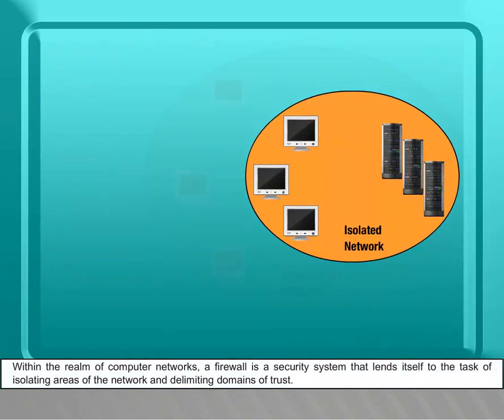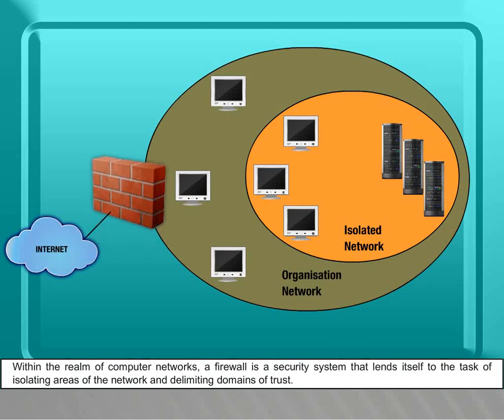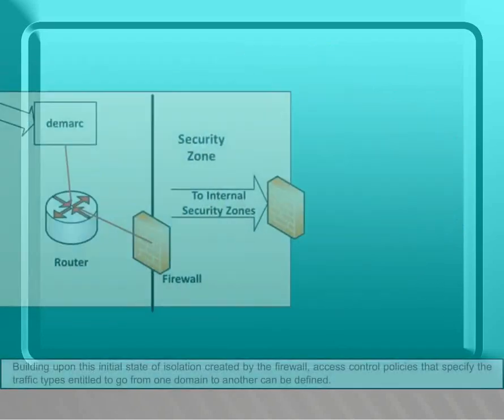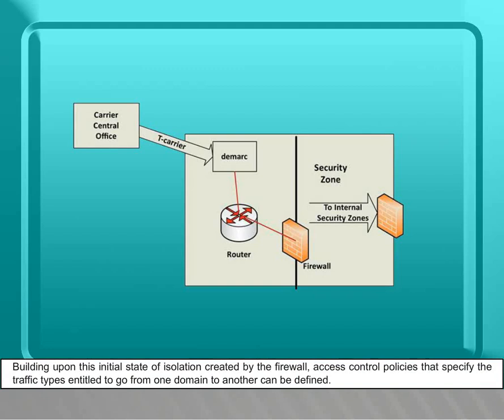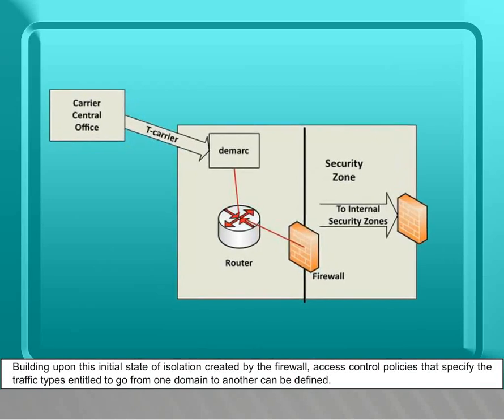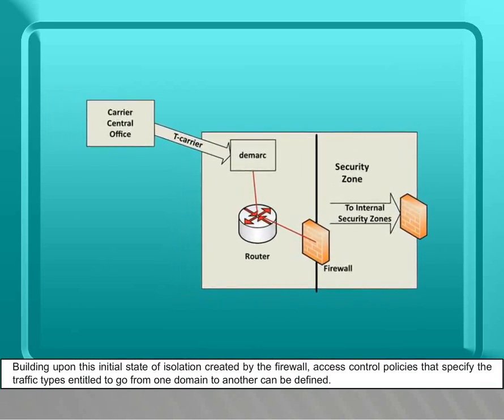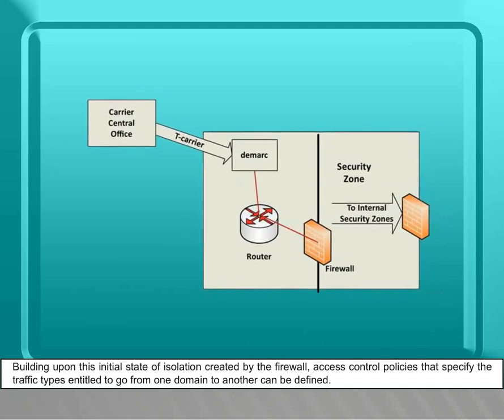With the realm of computer networks, a firewall is a security system that lends itself to the task of isolating areas of the network and delimiting domains of trust. Building upon this initial state of isolation created by the firewall, access control policies that specify the traffic types entitled to go from one domain to another can be defined.